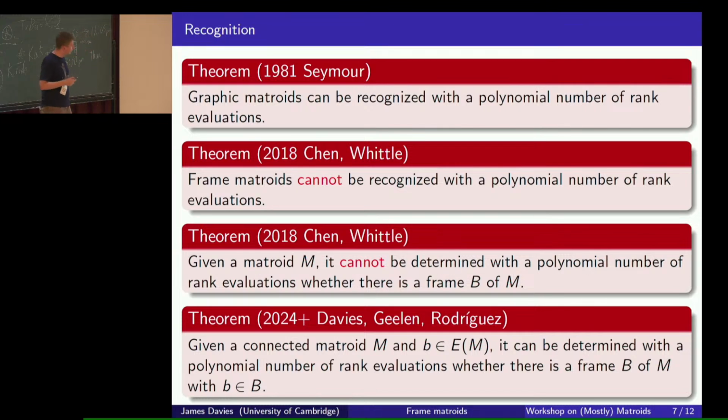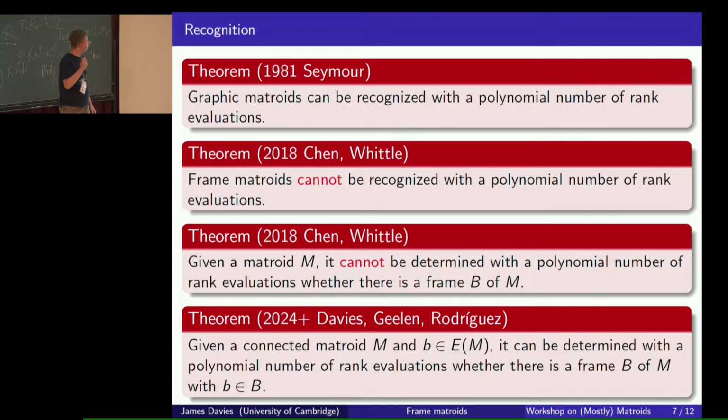Really this is a helpful tool if you want to do other recognition problems. If you can pin down an element which you know in any possible frame has to be within that frame, then you can just refer to this. As soon as you pin something down, you can apply this algorithm.